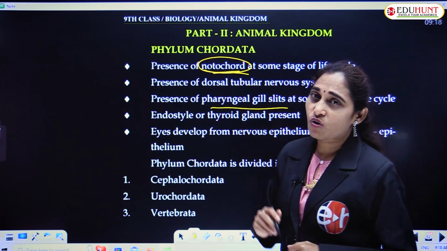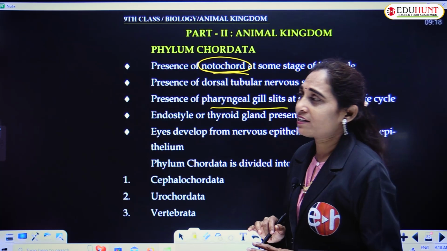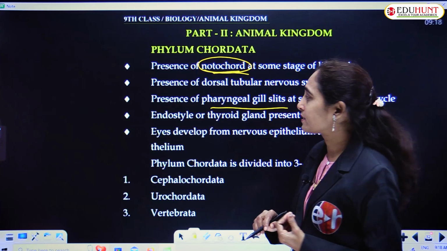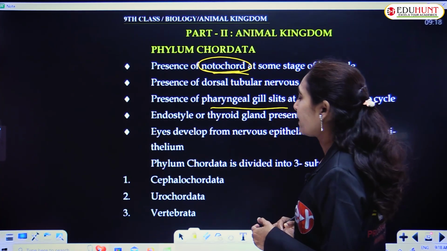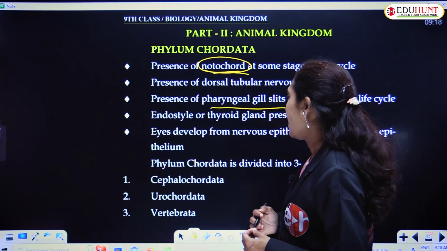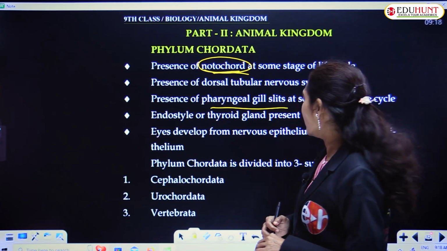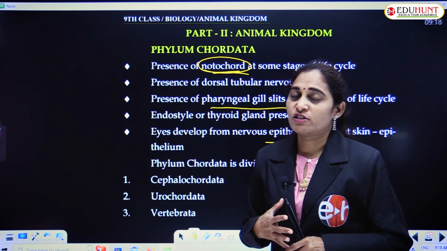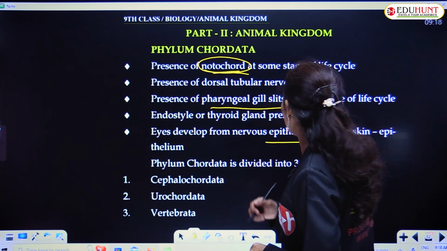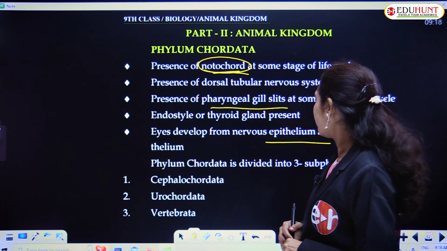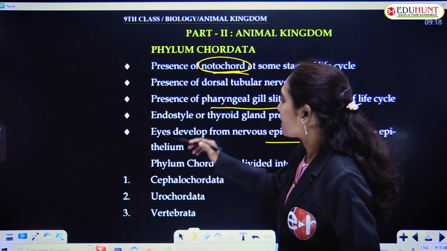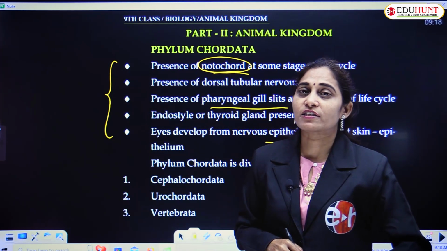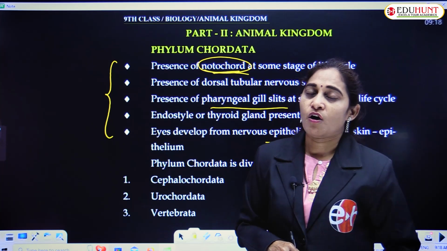That is, presence of notochord at some stage in its life cycle, presence of dorsal tubular nervous system, presence of pharyngeal gill slits, presence of endostyle or thyroid gland, and development of eyes from nervous epithelium and not from skin. These are the 5 important demarcating features of chordates from non-chordates.